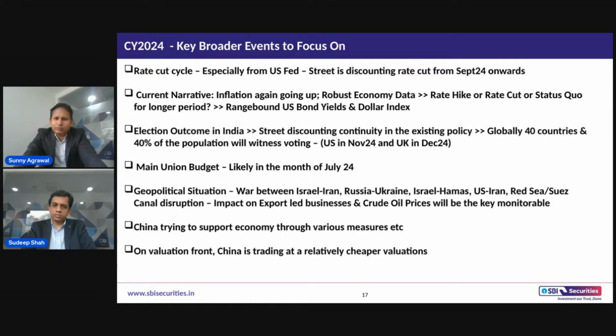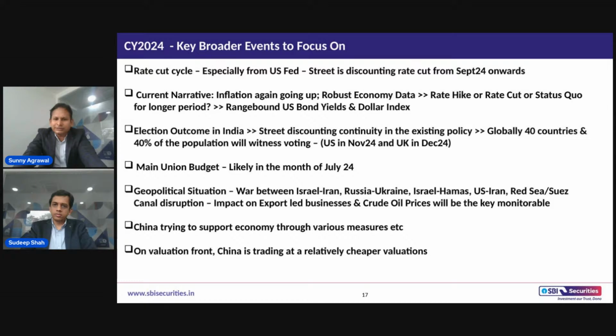Two months back, there was an expectation that there may be a rate hike in the US, but now we are back to rate cuts. So the narrative keeps on changing, but one of the important parameters which we track is the US 10-year bond yield and the dollar index. They are both trading very range bound, and that gives a lot of comfort to emerging markets like India.